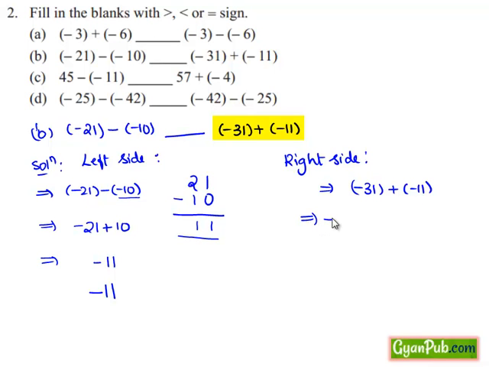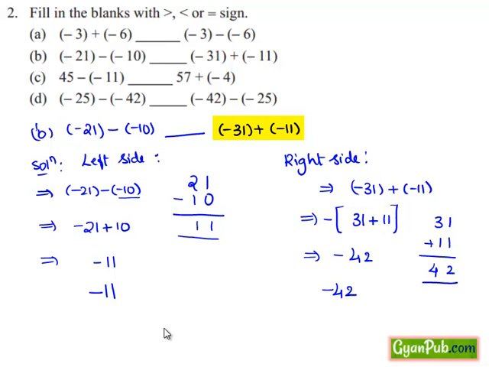That is minus of 31 plus 11. Here we have two positive integers for addition. We can add these two numbers like this: 31 plus 11. 1 plus 1 is 2, 3 plus 1 is 4. So take the minus sign as same, and 31 plus 11 we get 42. On the right hand side we got minus 42.